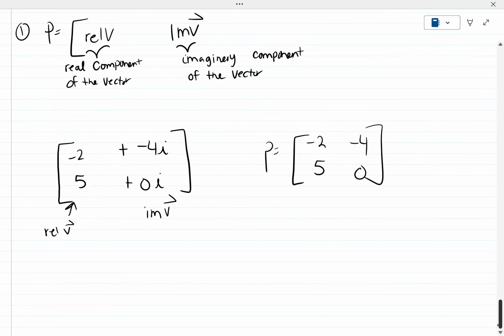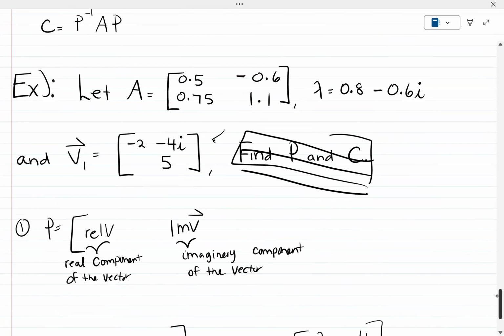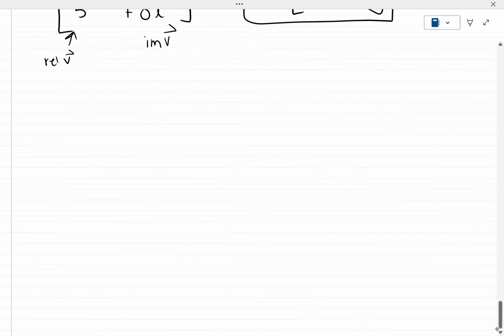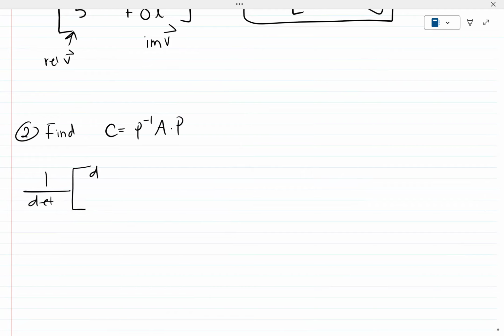For step 2, now we're going to find C. We found P, which is this matrix, and now let's find C. C is equal to P inverse times A times P. P inverse is basically 1 over the determinant times the matrix (d, negative b; negative c, a). So what is the determinant?